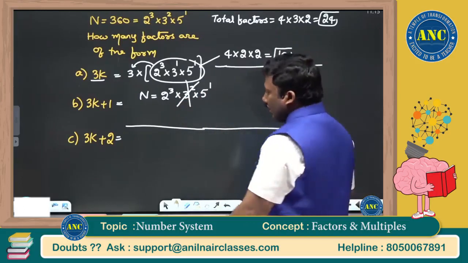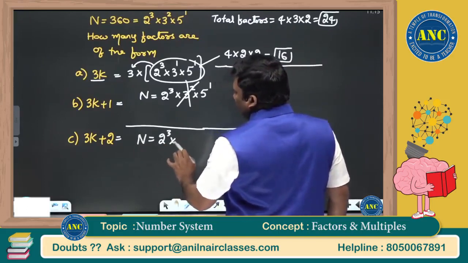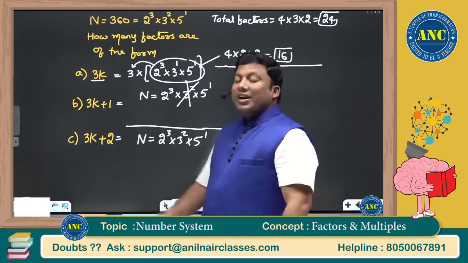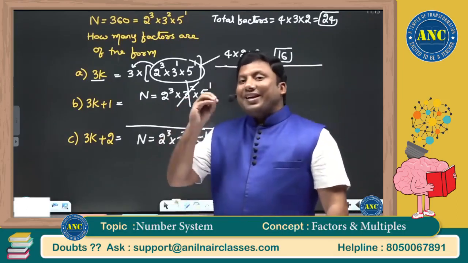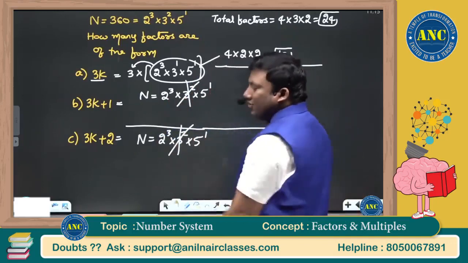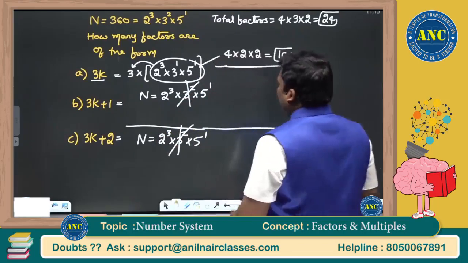Similarly, it is of the form 3k plus 2. 3k plus 2 means when it is divided by 3, it gives a remainder 2. That means it is not perfectly divisible by 3. 3 square eliminated.